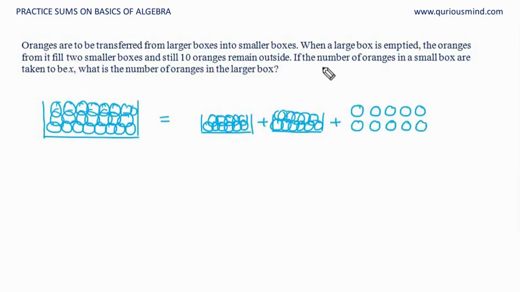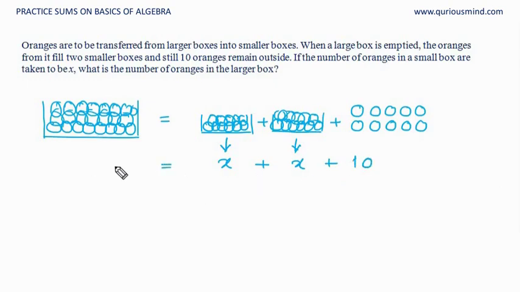Now what is said? That the number of oranges in a small box is X. So in one there are X, in the other also X. And there are 10 more remaining.